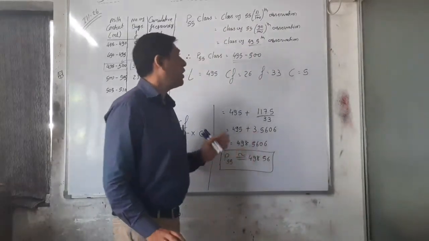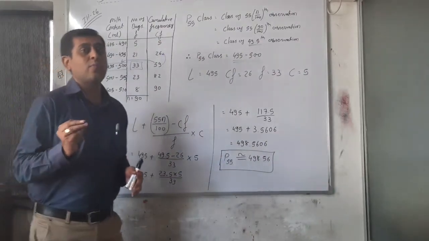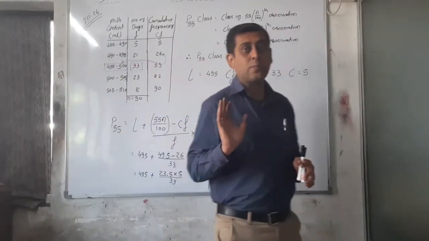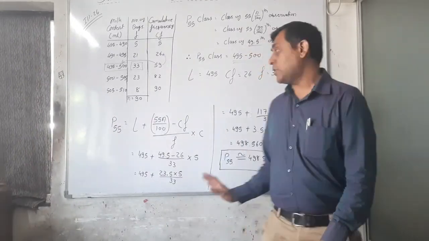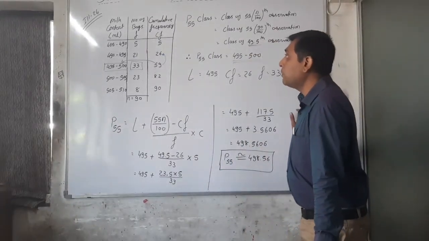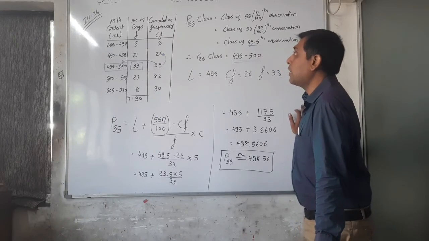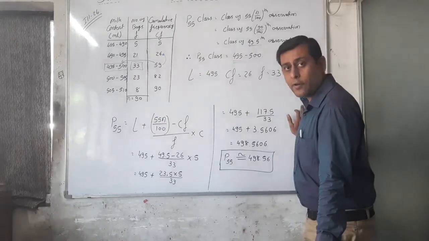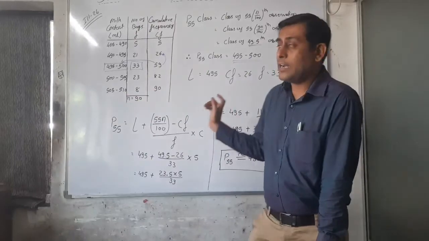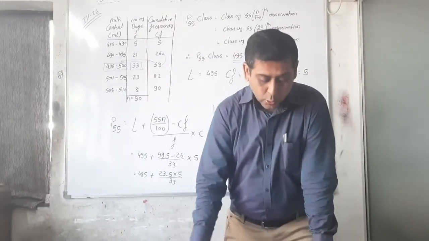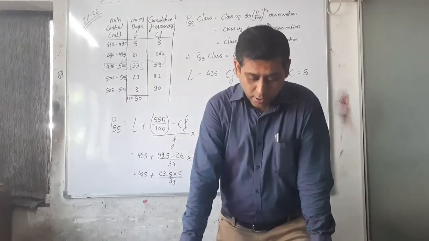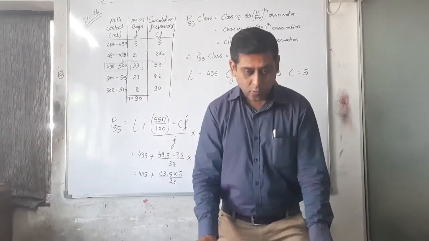You have to write this, and this 5 mark sum, which is the most important sum for your examination, is over here. Please write this example in your example book, and also do it again and again by yourself in your rough book.